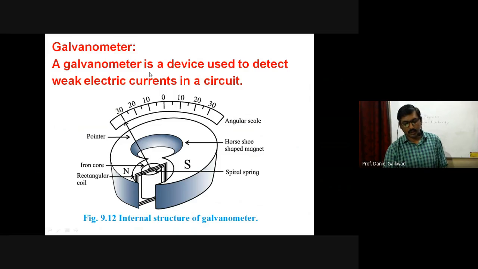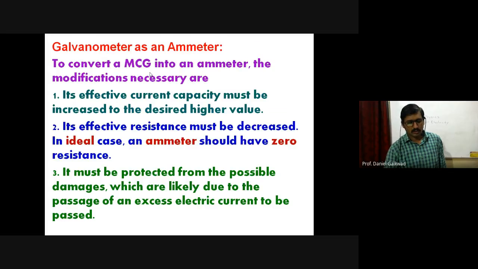Now in this chapter we have the use of galvanometer to design two important devices, ammeter and voltmeter. So let us go to the first use, the galvanometer as an ammeter. So what are the conditions here? Important points.